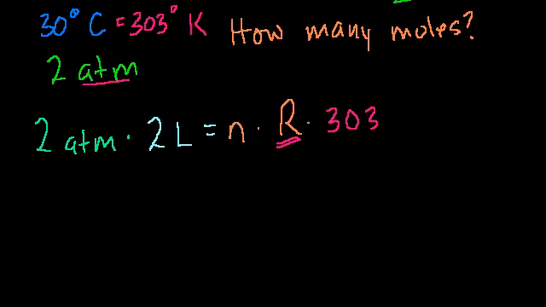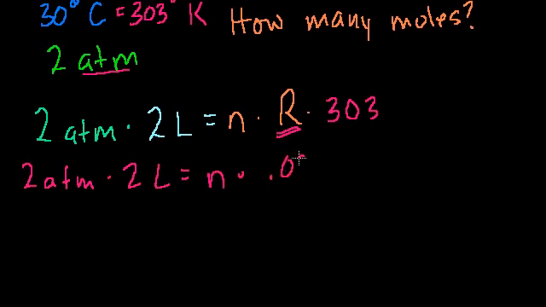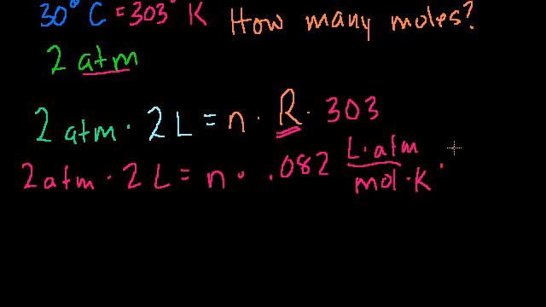So let me rewrite our whole equation, actually. I have 2 atmospheres times 2 liters is equal to n times 0.082 liter atmospheres per mole Kelvin times 303 degrees Kelvin. Let's see if all of the units work out.